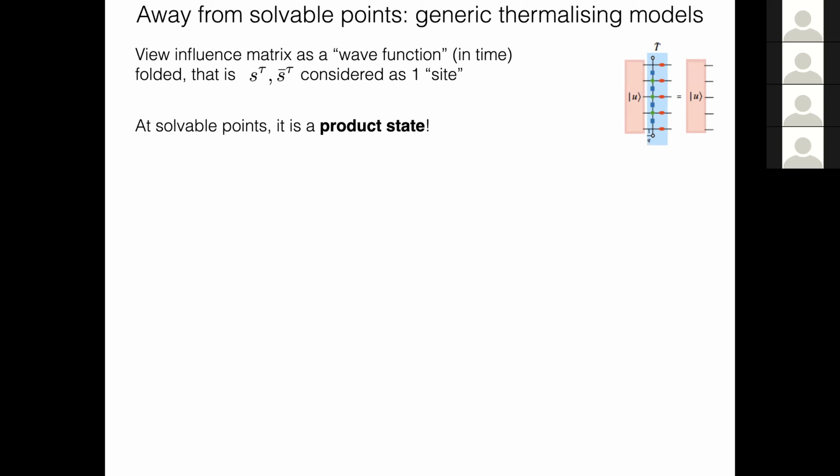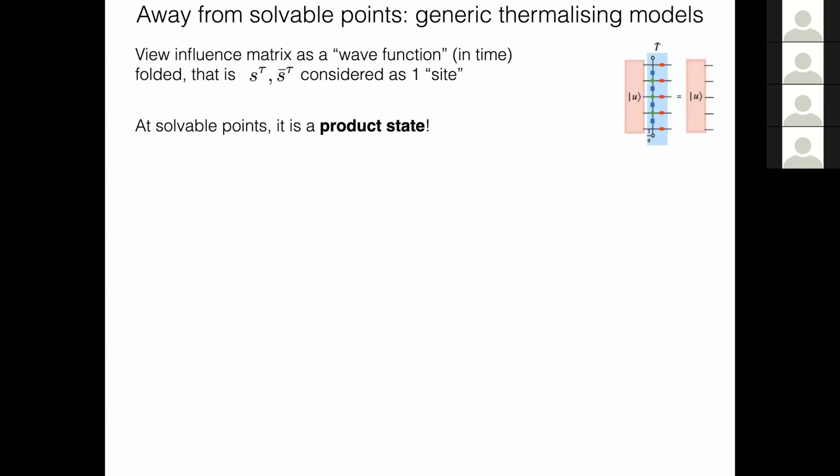So my Hilbert space is doubled. I view this whole trajectory as a spin chain, and often it's useful to think of the influence matrix as a fictitious wave function on that chain. And at such solvable points, this is just a product state.